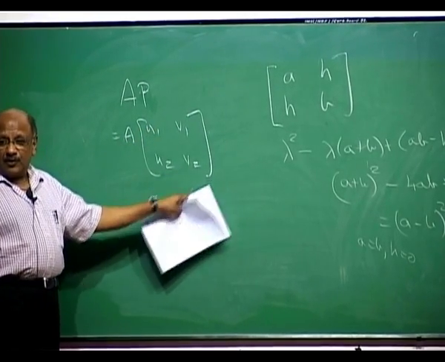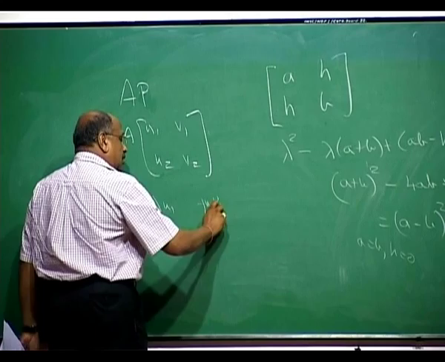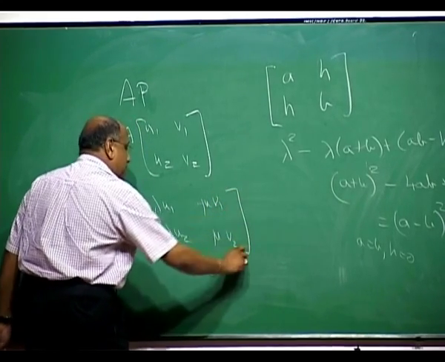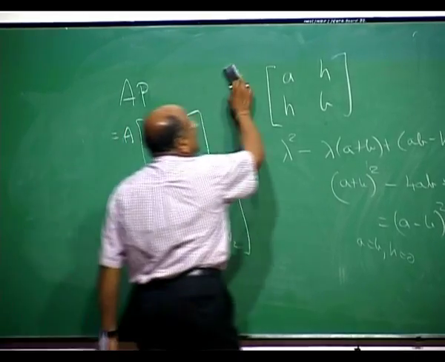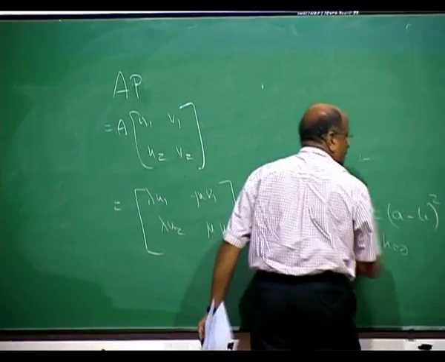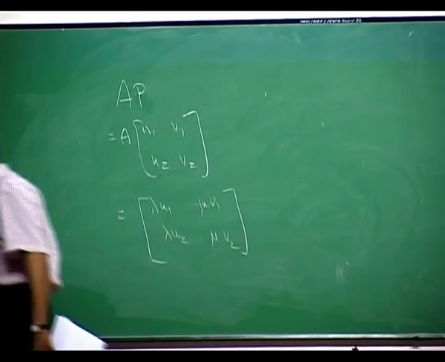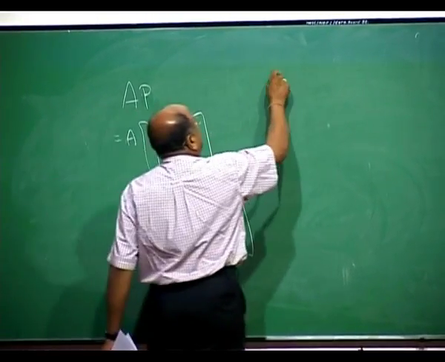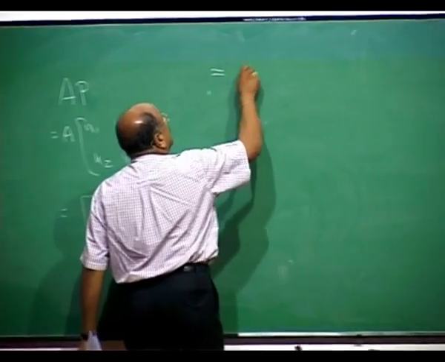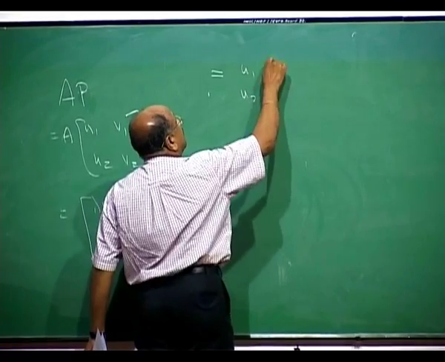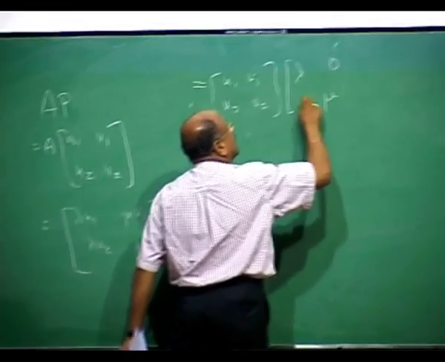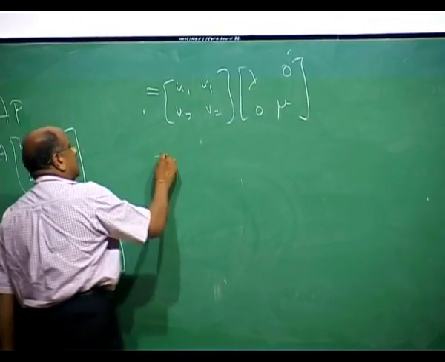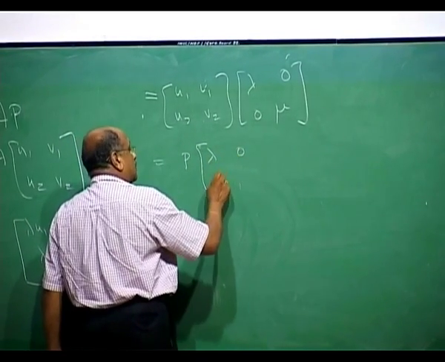Similarly, A acting on V1 V2 will give you mu V1, mu V2. And this is equal to the matrix with columns U and V multiplied by the matrix lambda 0, 0 mu, which is P times the diagonal matrix lambda, mu.